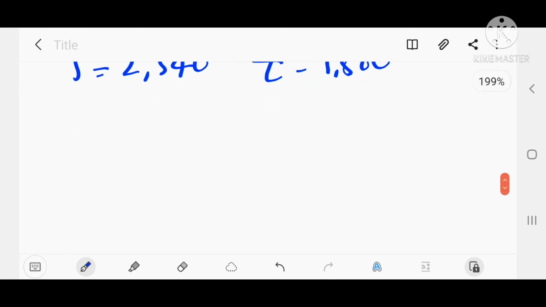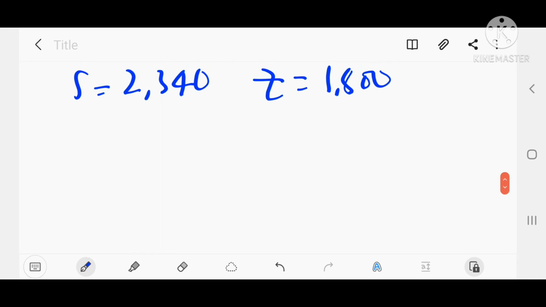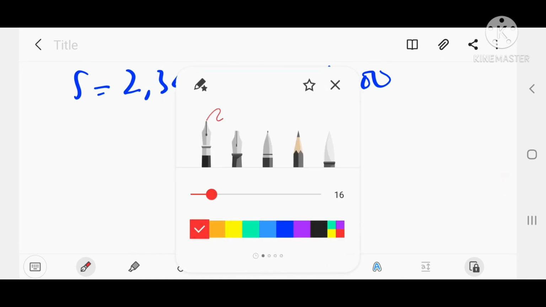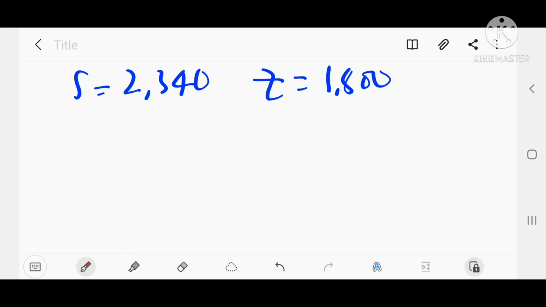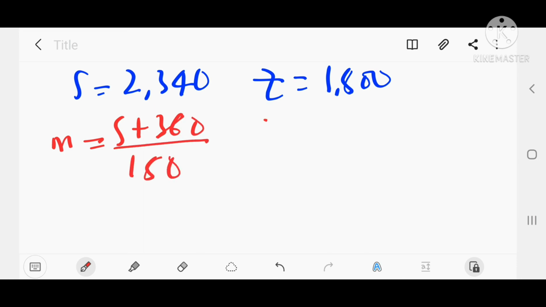But we want the number of sides the polygon has, and these are the sums of the interior angles of the polygons. Remember that M, which stands for the number of sides of the bigger polygon, is equal to s plus 360 on 180, and N equals z plus 360 on 180.